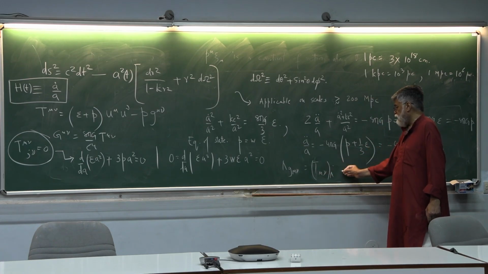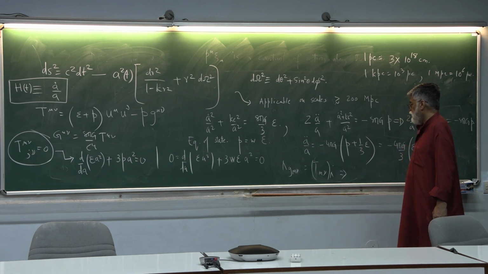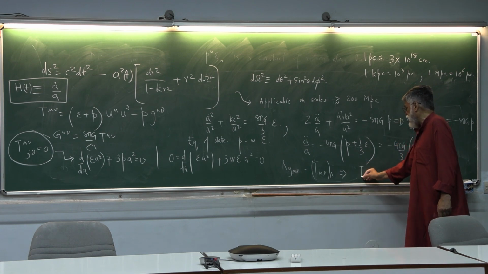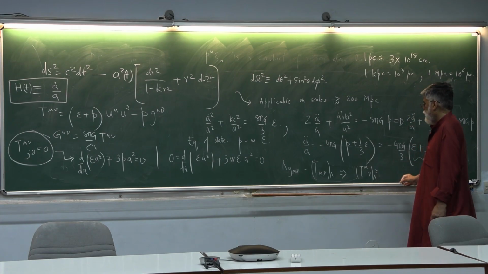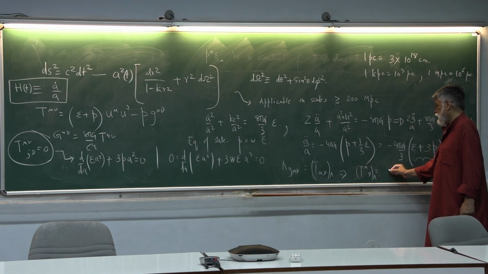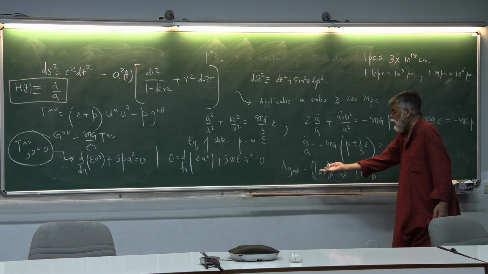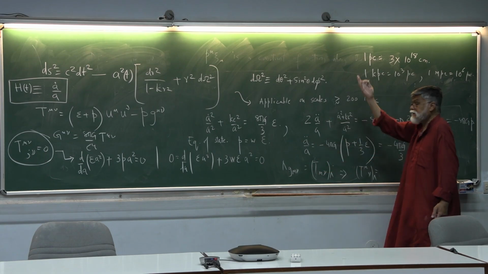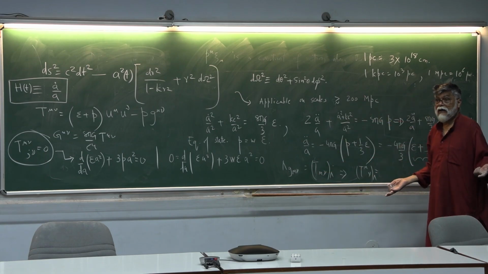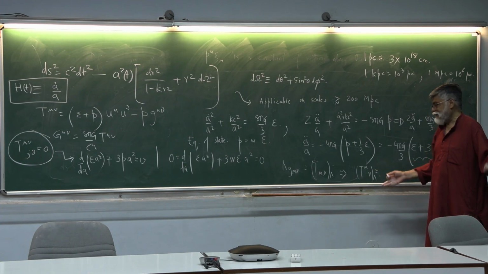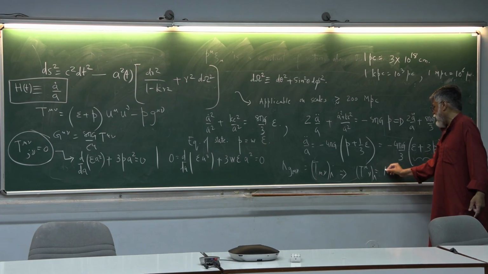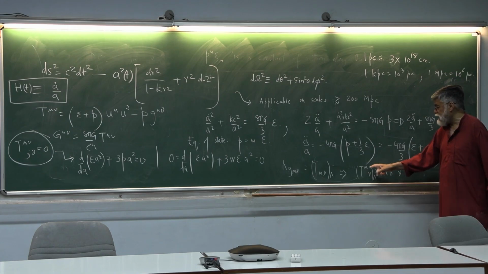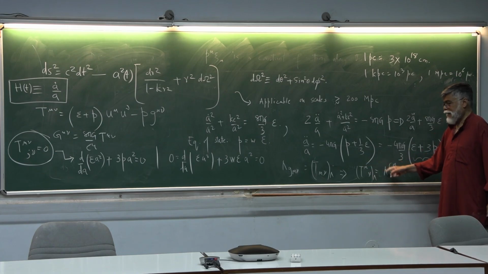Now you raise one of the indices, so T mu nu for lambda is, I have raised one of the indices, but what is g mu upstairs, nu downstairs? Kronecker delta. So this is therefore lambda Kronecker delta. Therefore, T00, which is the energy density, is lambda.